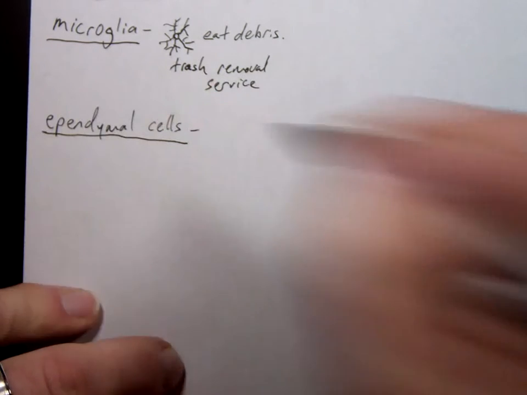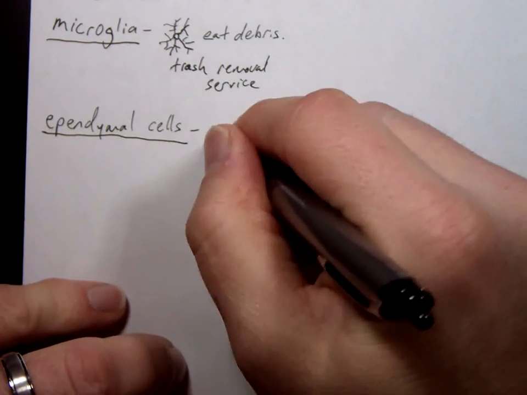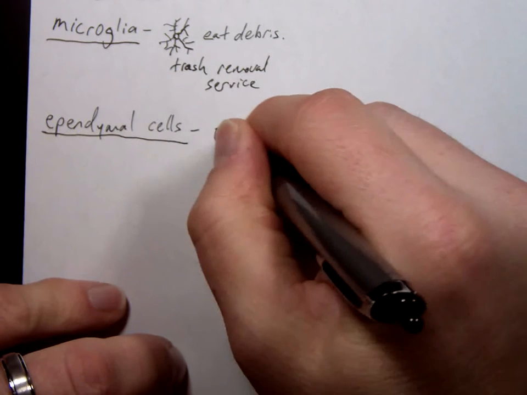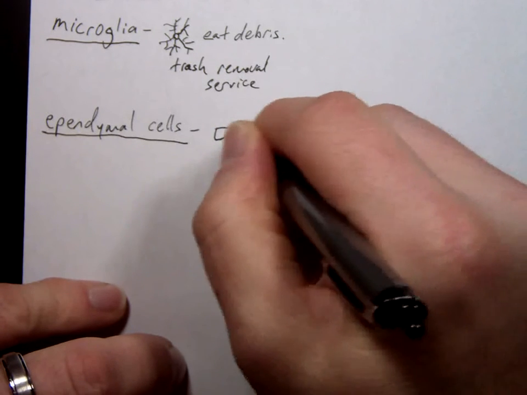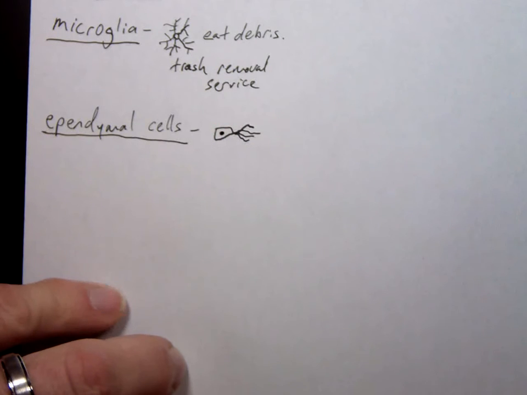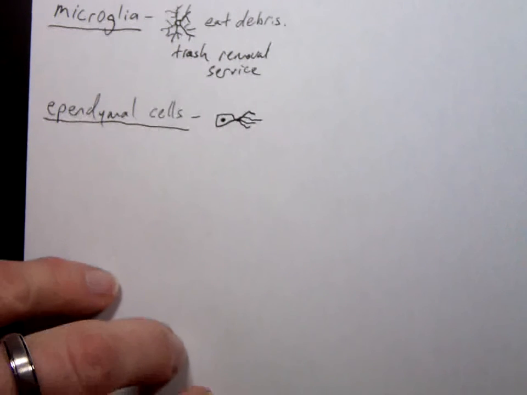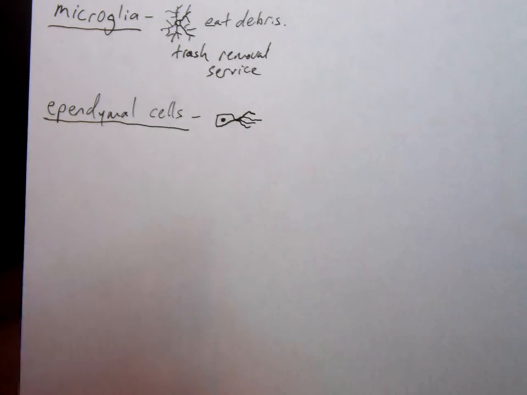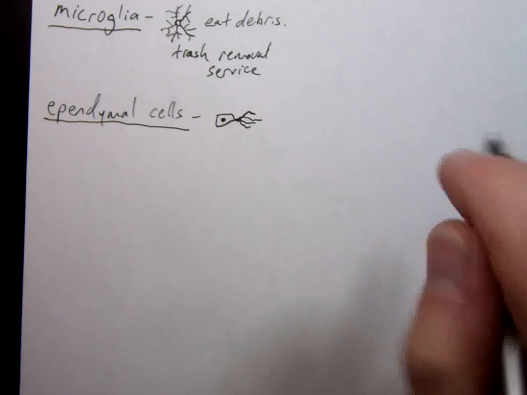Ependymal cells. These cells look kind of like a squid. And there's a reason for that too. As you learn from Anatomy 1, form follows function. If it looks like this, there is a reason. Okay?